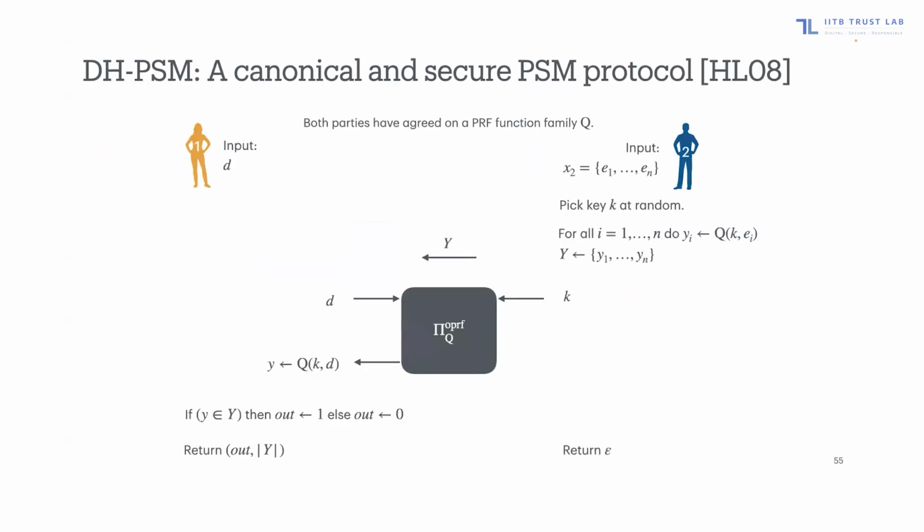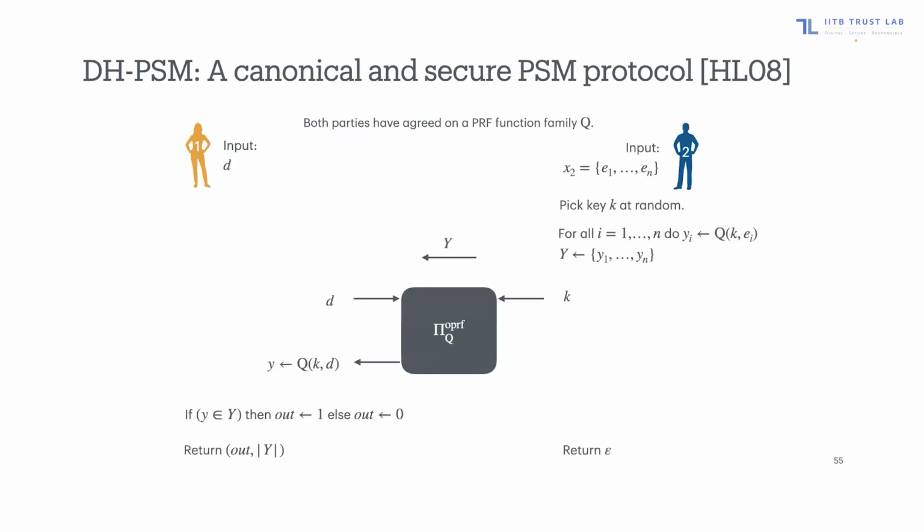So Jose and Linda, using an OPRF as a primitive, gave this protocol for private set membership, which is very similar to the hashing-based protocol, but instead of a hash function, both parties have agreed on a PRF Q. Party 2 picks a random key K, evaluates the PRF on all of its elements, creates the set Y, and sends it to party 1.